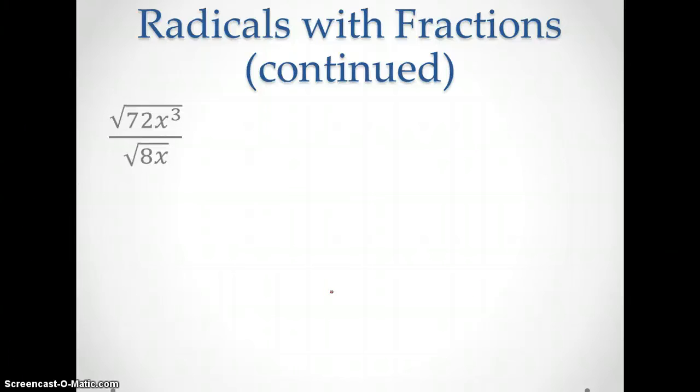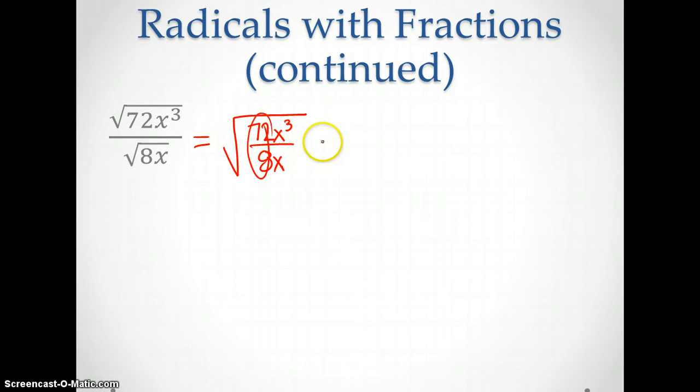At times, it may be advantageous to break a fraction, like the examples we just saw, into two separate square roots. On the other hand, it may be useful to put everything under one square root instead and simplify. My suggestion is always, if you have a fraction, look to simplify it first. So is there anything we can simplify?